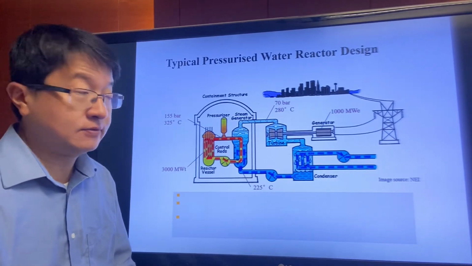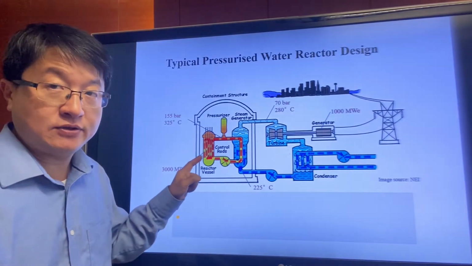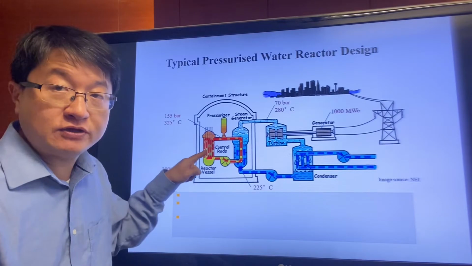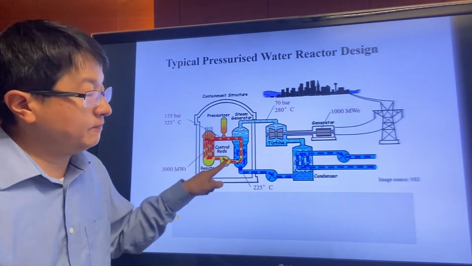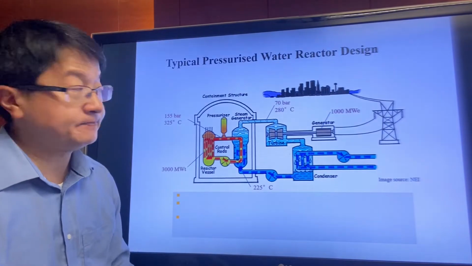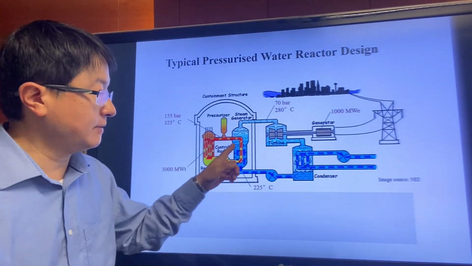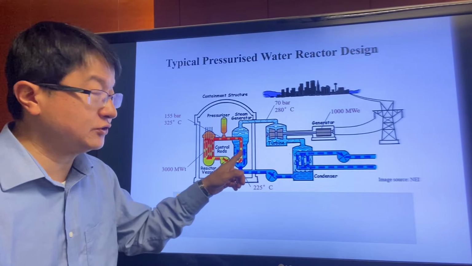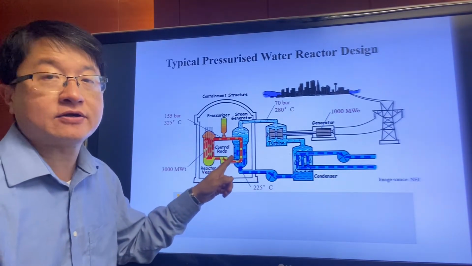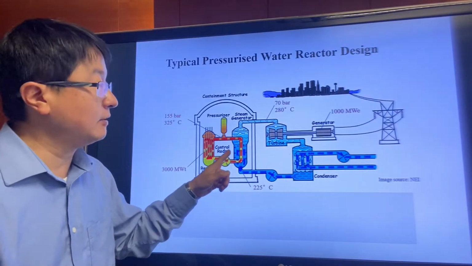By doing so, the dirty water, which has been in direct contact with the nuclear fuel, will not be released to the environment, because the heat exchange between the primary and secondary loop occurs inside the containment structure, which is quite safe.